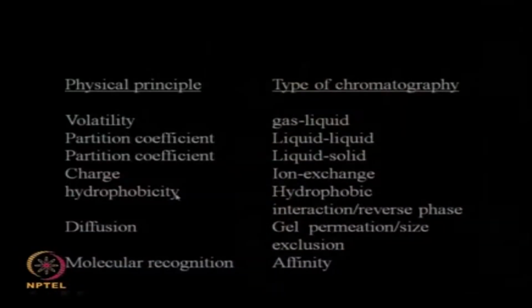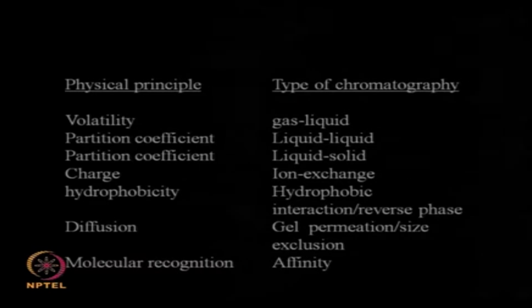If it is because of hydrophobic forces, then we have hydrophobic interaction chromatography or reverse phase chromatography. So if you have very highly hydrophobic proteins, it may get bound to the hydrophobic matrix, less hydrophobic or hydrophilic proteins come out. So that is called hydrophobic interaction chromatography.